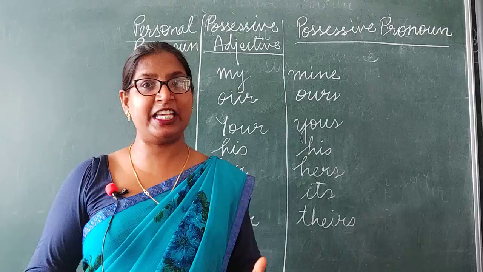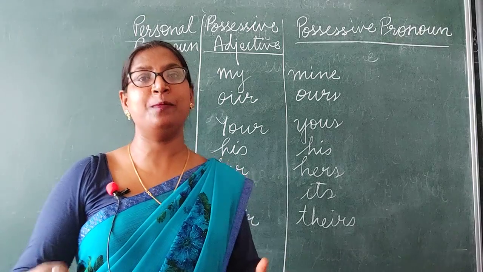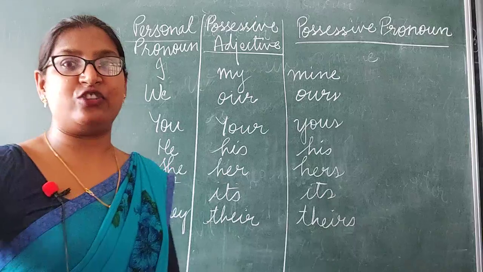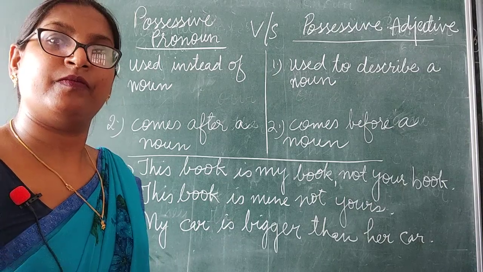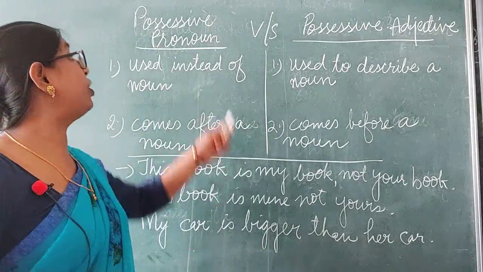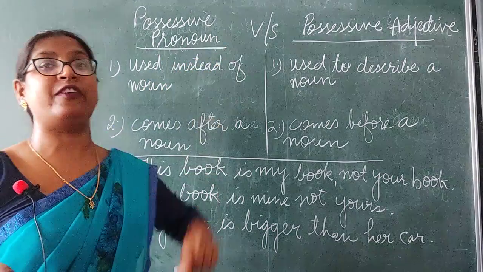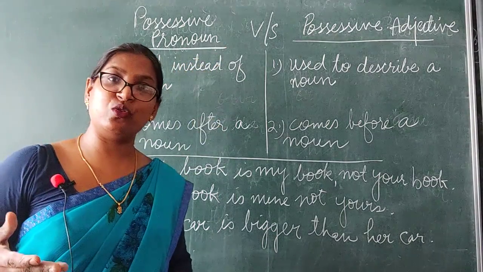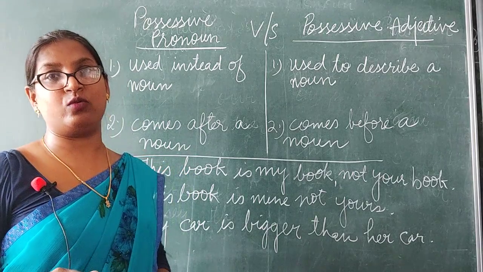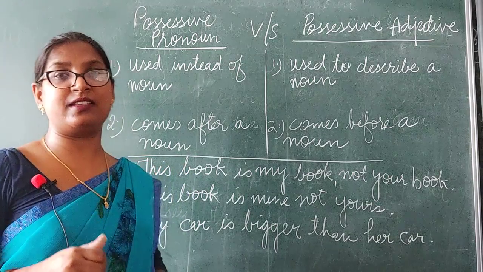Now let us focus on the difference between possessive pronouns and possessive adjectives. As you know, a pronoun is the word which is used instead of a noun, which replaces a noun.